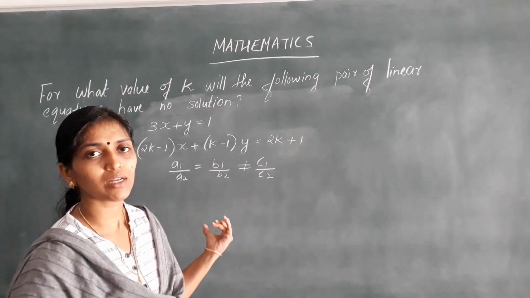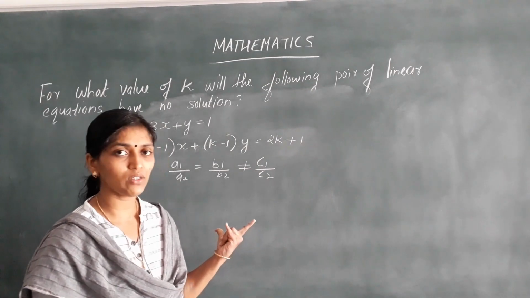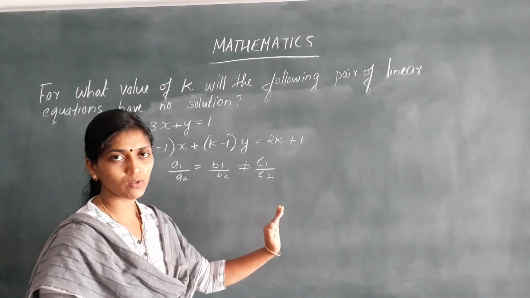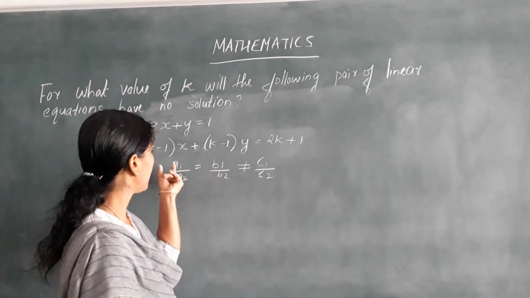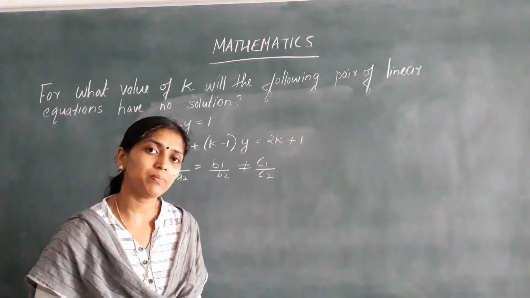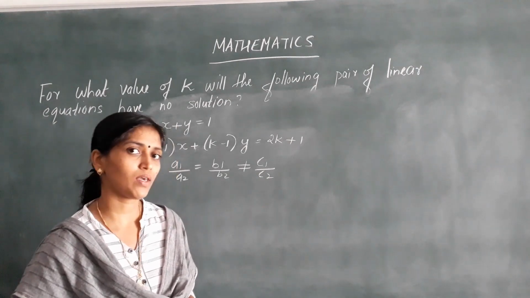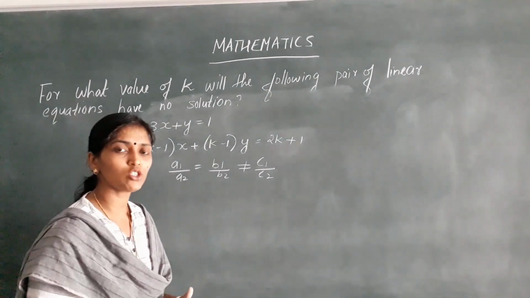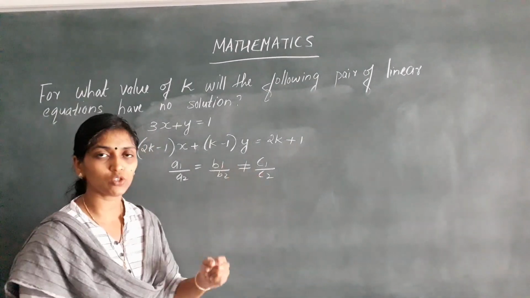Using this ratio, you can find the value of k. As before, we will find a1, a2, b1, b2, c1, c2 from the given equations.